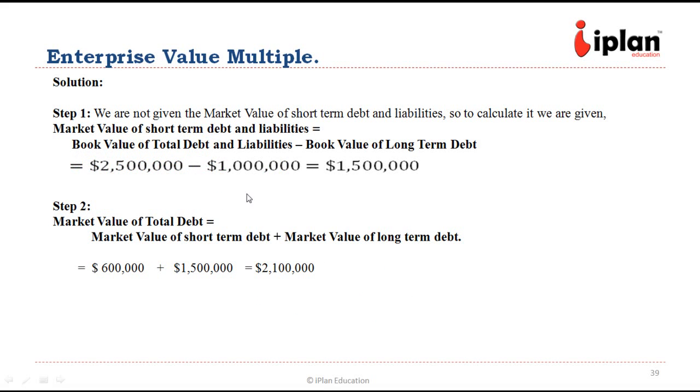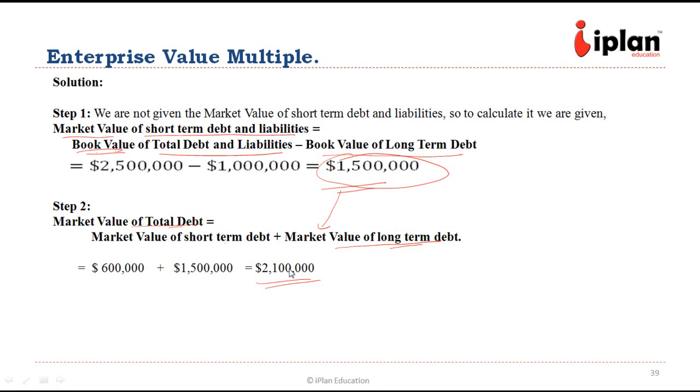So in order to find the market value of short-term debt and liabilities, we just took the difference of the book values of total minus the book values of long-term. So we get the book value of short-term, which is equal to the market value of short-term debt and liability. We add that to the market value of long-term debt. So we get the market value of total debt, which is 2.1 million.